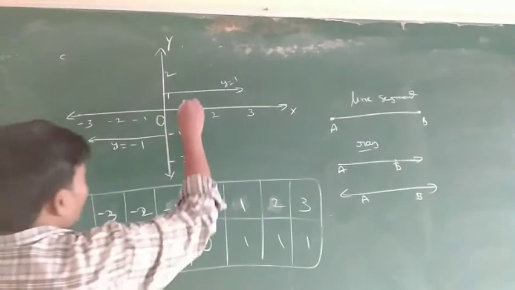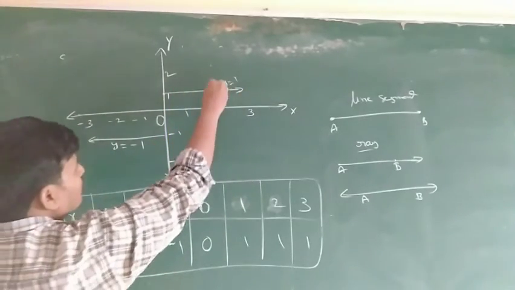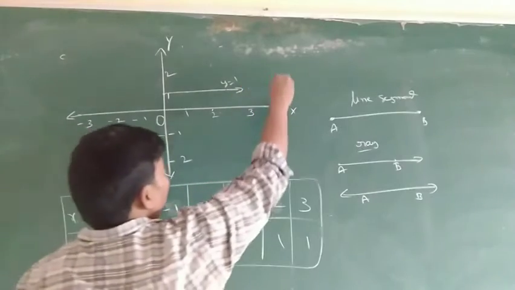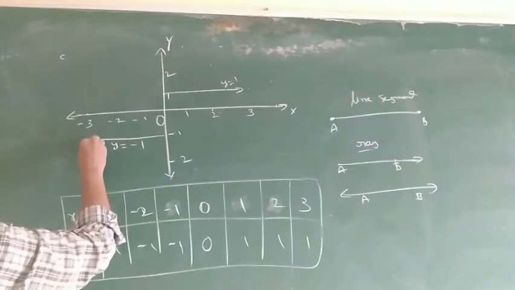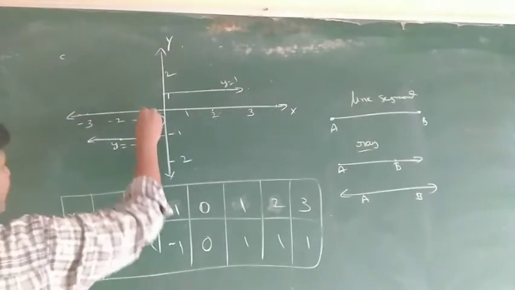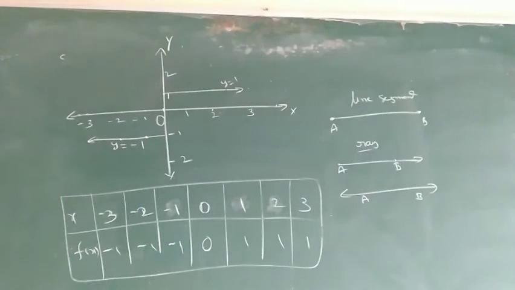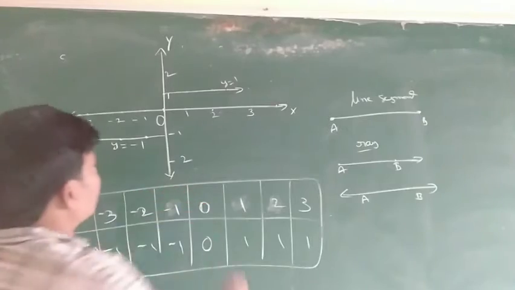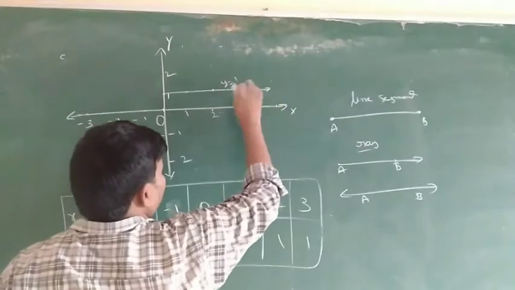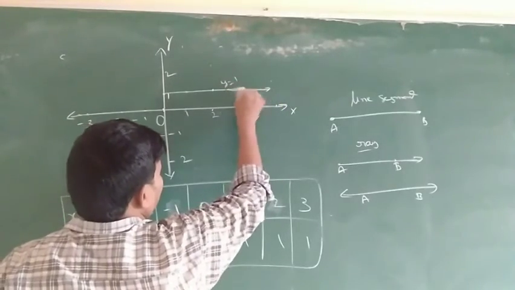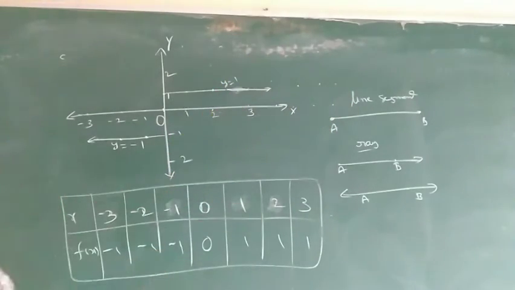So 0, then 1, 2, 3; the values are 1 at 1, 2, 3, 4, 5, 6, 7 and so on. For negative values, -1, -2, -3, the value is -1.